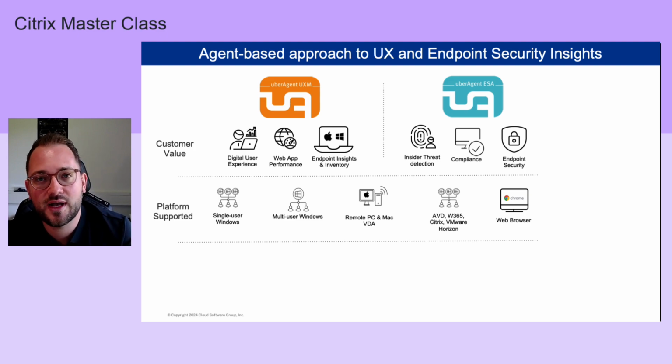We've also just started working on an agent that can be installed on Linux to monitor, for example, Eagle thin clients. And if you want to evaluate what's happening inside the browsers, you can do so by additionally installing one of our browser extensions, which are available for Edge, Chrome, and Firefox.